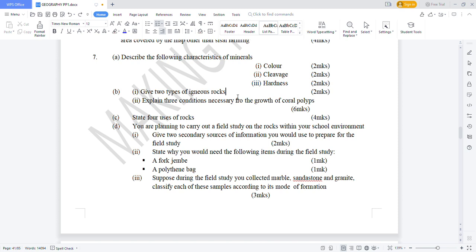Question 7 says, describe the following characteristics of minerals. The first one is color. As you know, different minerals have different colors, and how the color behaves when they are exposed to sun.